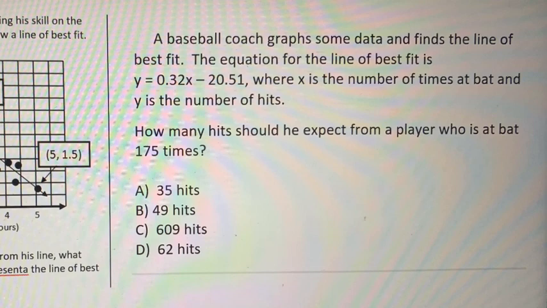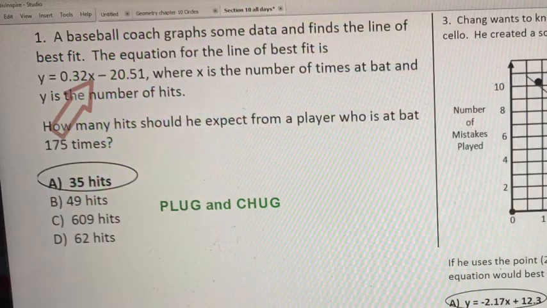My question asks, how many hits should he expect from a player who is at bat 175 times? Well, x is the times at bat. That means I need to plug and chug. Put in 175 for x and find out that the answer is 35 hits.